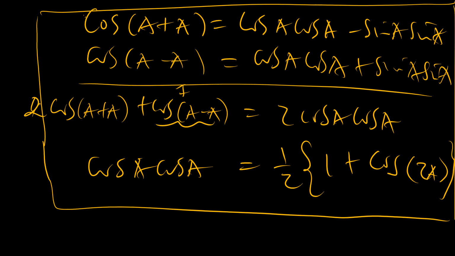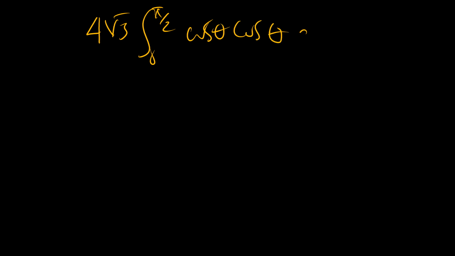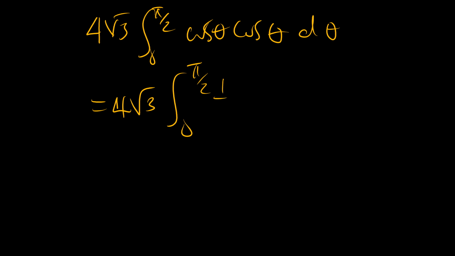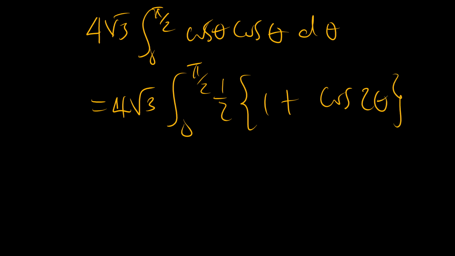We're going to use it because now we do have an integral for root 3, 0 to pi over 2, and we have cosine squared theta, right? Which means we have the integral from 0 to pi over 2 of a half 1 plus cosine 2 theta, right?